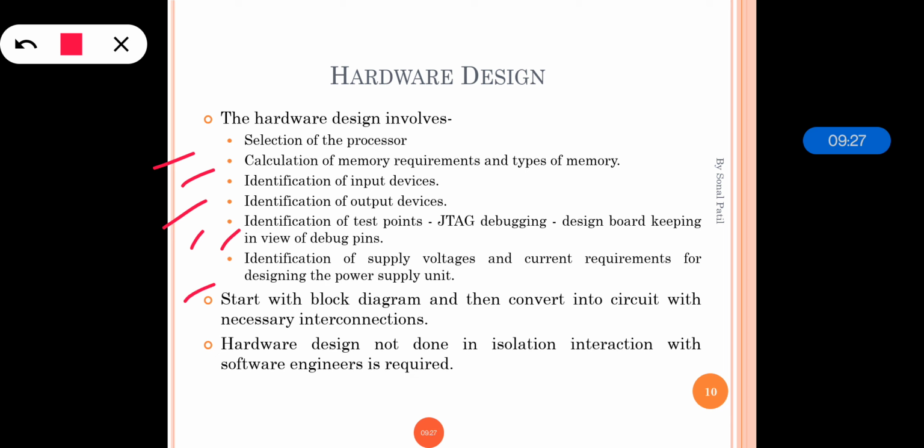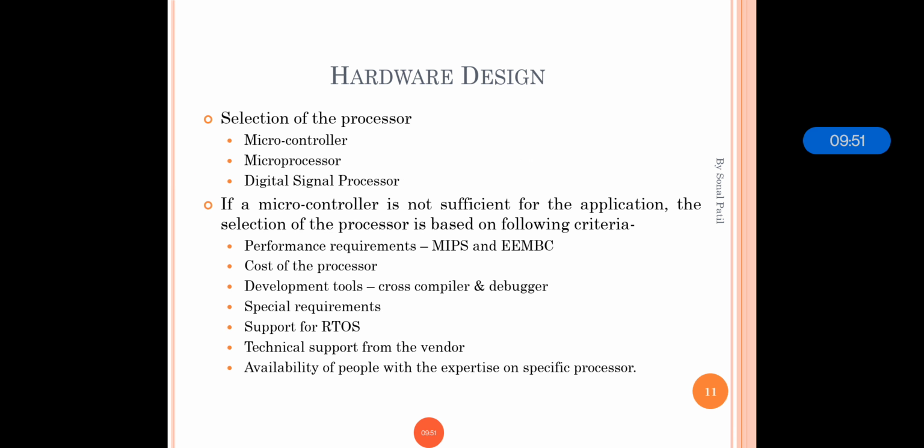So initially we have to start with the block diagram, and then we have to convert it into the circuitry with the necessary interconnections. Once the various modules are identified, the circuit has to be designed and the PCB, that is the printed circuit board, has to be obtained. The hardware design is not done in isolation. Interaction with software engineers is very much necessary and required.